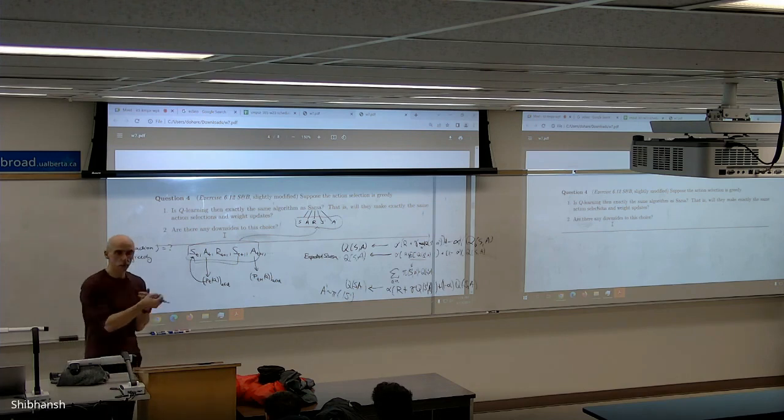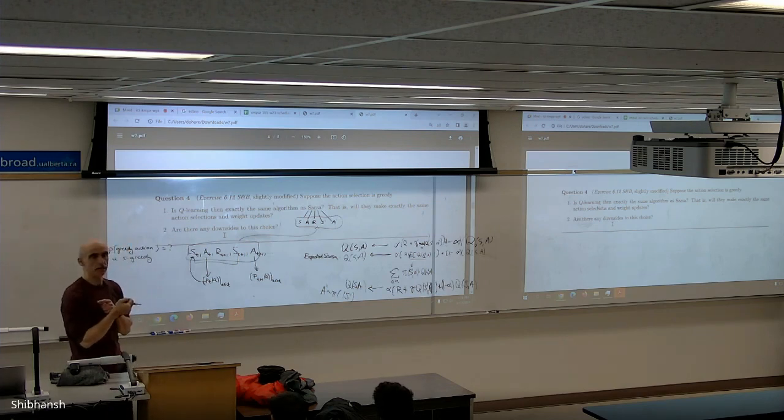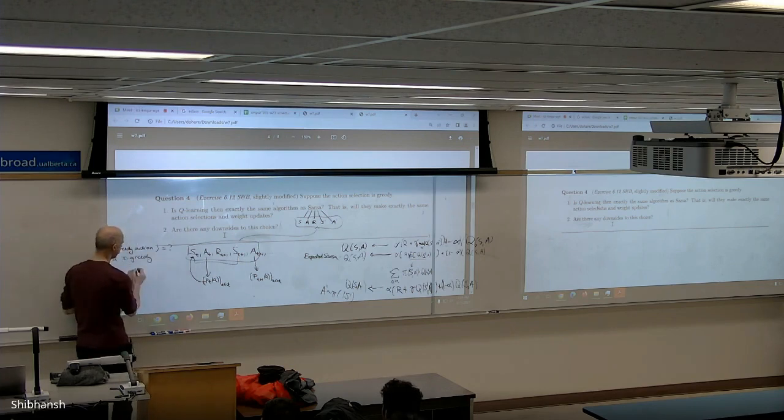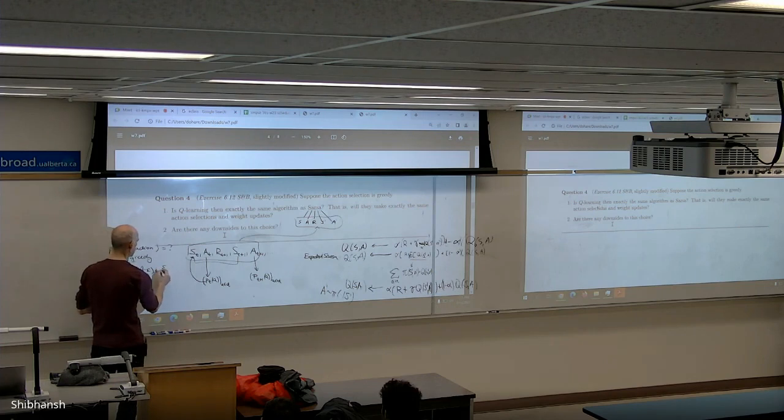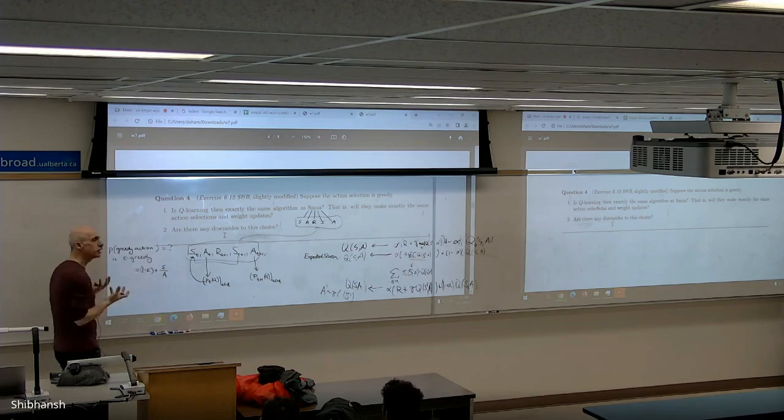Well, there's the coin flip. It has to come out right. So the probability of that is 1 minus epsilon. It's a large number, hopefully. Epsilon is small. And the greedy action can also come up because you just happen to choose it at random. So the probability of a greedy action is going to be 1 minus epsilon plus epsilon over A. And the probability of a non-greedy action is going to be what? It's just epsilon over A, right?